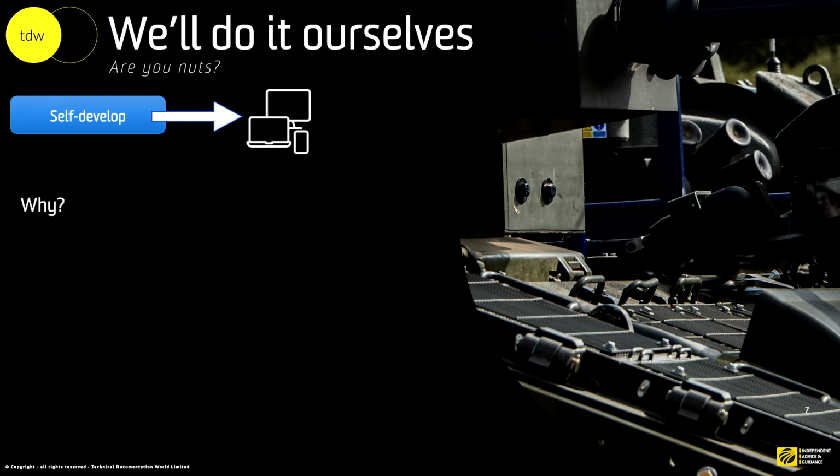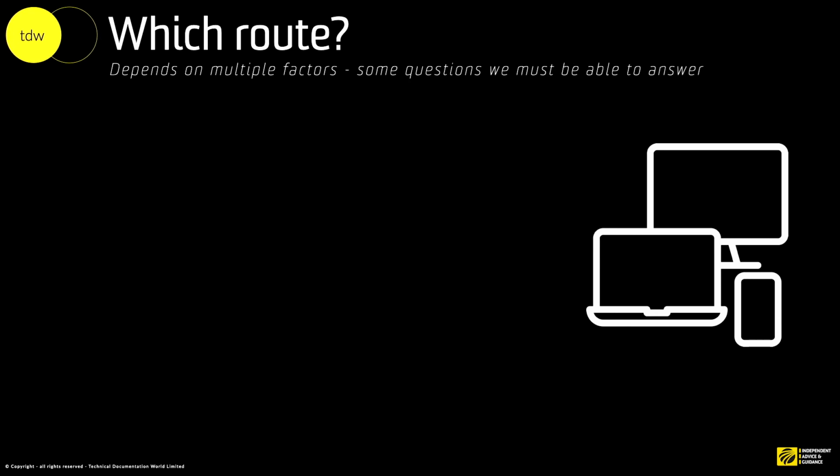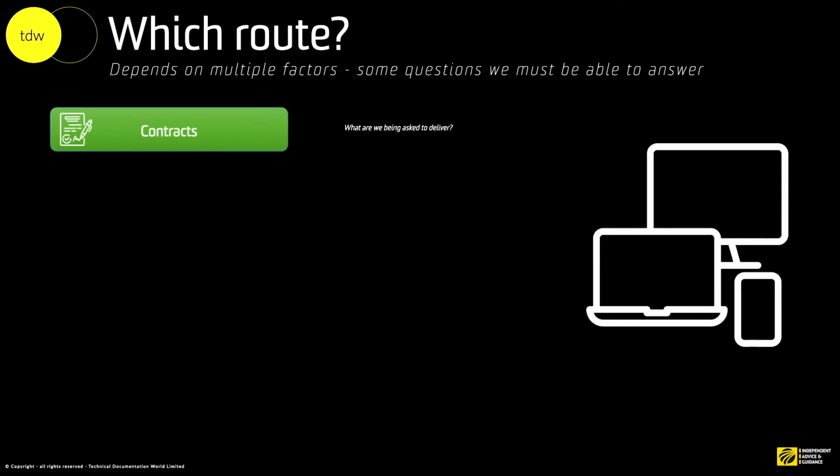So when we talk about routes into our IETP solution, I'm going to give you some examples here of the kind of questions I would ask my customers and make sure that they are able to answer. So we have to think about contracts. What is it we're actually being asked to deliver? Are we being asked to deliver an IETP solution?